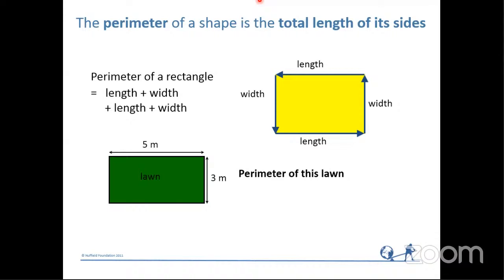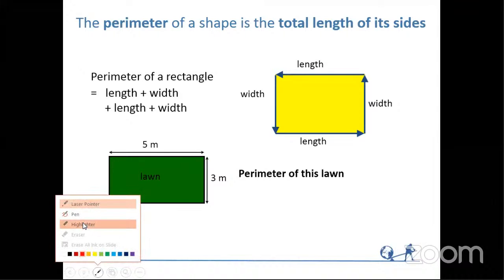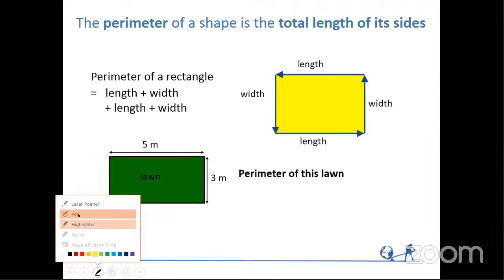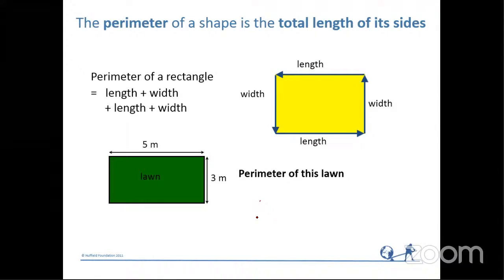So another formula she's giving us is that we can get 2 into length plus width.